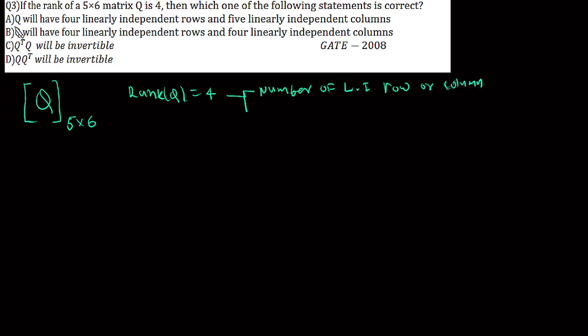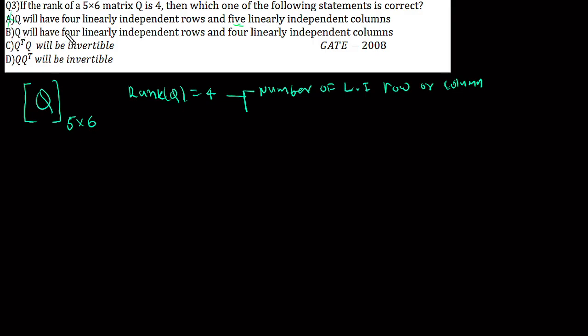So now option A says Q will have 4 linearly independent rows. Yes, it's correct, and 5 linearly independent columns. Now here we have 4 linearly independent rows and 4 linearly independent columns, but option A says 5 linearly independent columns. So option A is wrong.